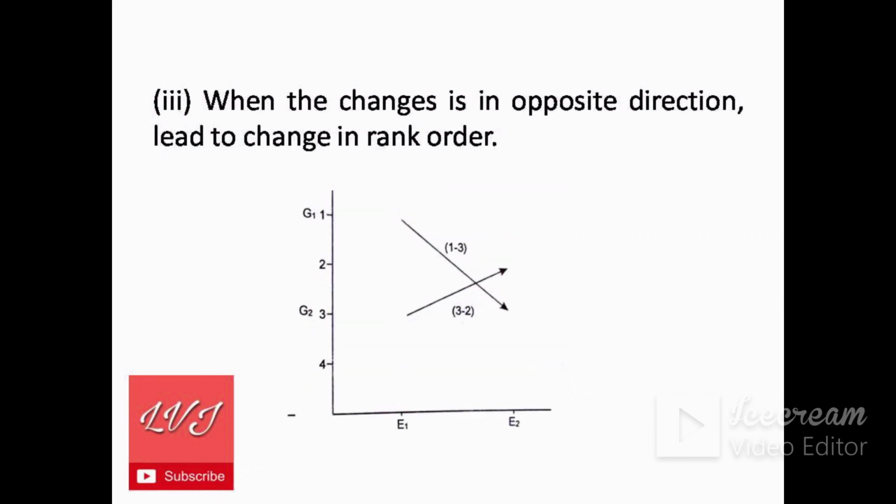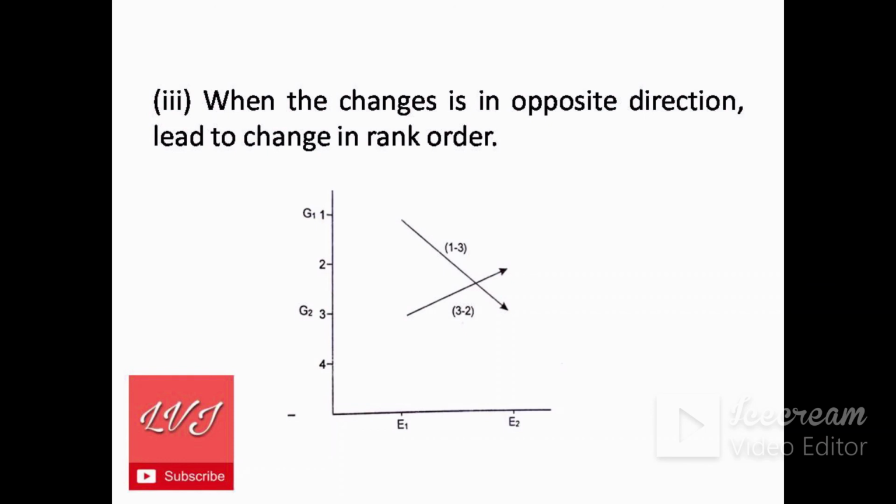This is the third type, when the change is in the opposite direction and leads to a change in the rank order. For genotype 1, from environment 1 to environment 2 there is a reduction in performance. For genotype 2, from environment 1 to environment 2 there is an increase in performance.